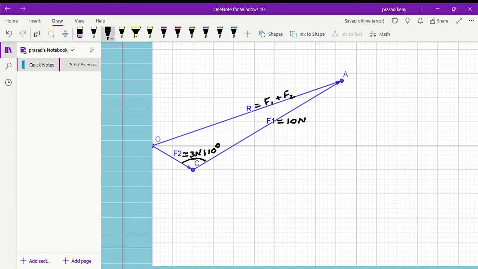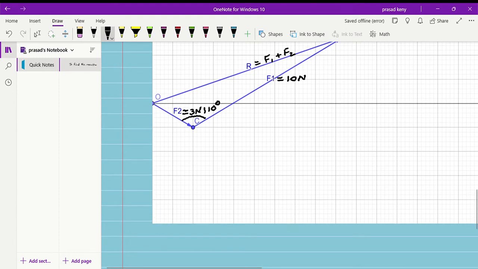Now already you have done the sine and cosine rules. When two sides of a triangle and the angle included between the two are known, to find the third side of the triangle, you will use the cosine rule. So using the cosine rule here, R square is the side I want to find out.